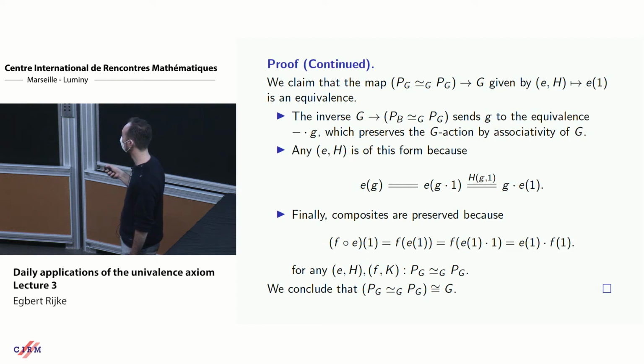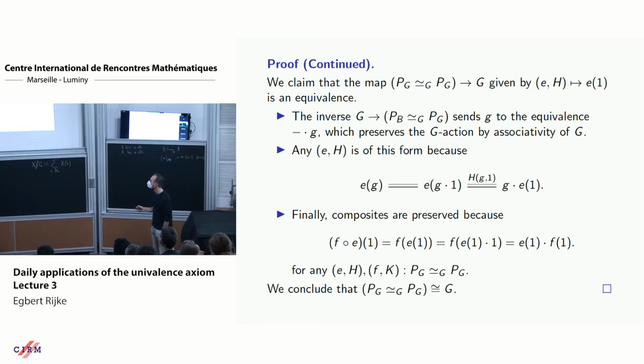So this means that the composite of F and E is sent to the multiplications. All is good. And this is all to show that we have an isomorphism from PG to PG, not just an equivalence, but one that respects the group structure. So this is how you deloop a group.